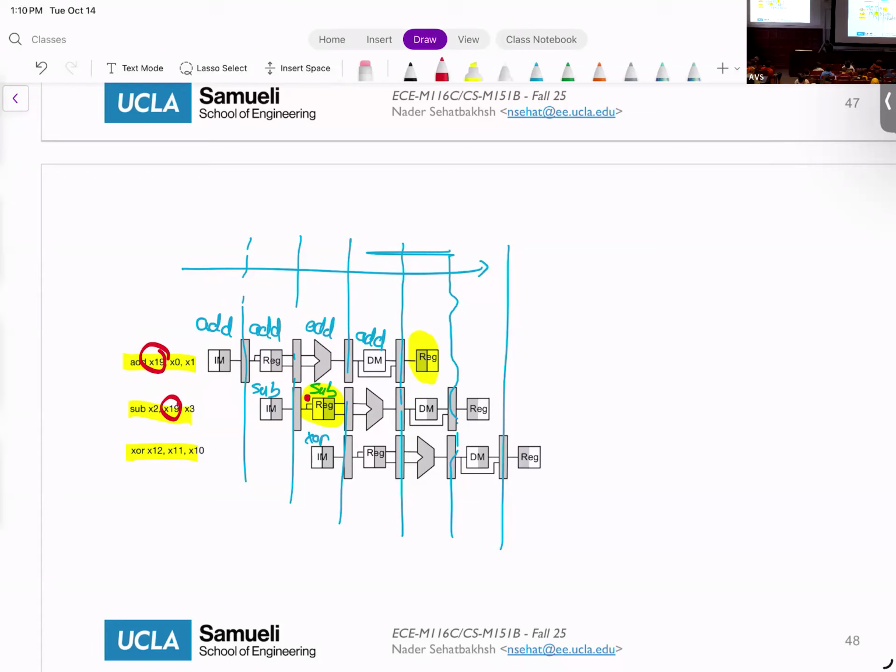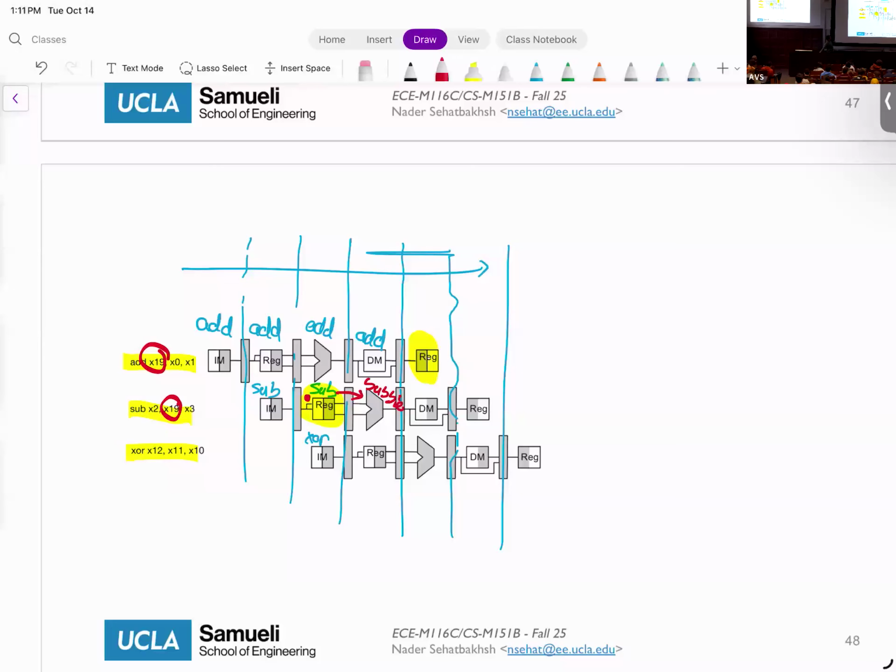Then the second thing that we need to do is that instead of advancing this sub to the next stage, I need to replace this sub with my bubble. So I need a dynamic mechanism so that I have sub in my decode stage, but what I'm passing to the next stage is not a sub, it's a bubble, okay?